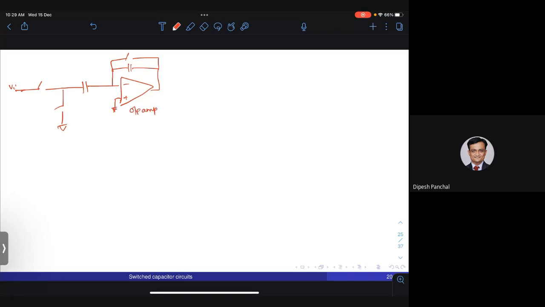Okay, in this case, what did the op amp do? In one cycle, of course, the input was charged to Vin minus VCM. In the other cycle, the equivalent circuit looked something like this.